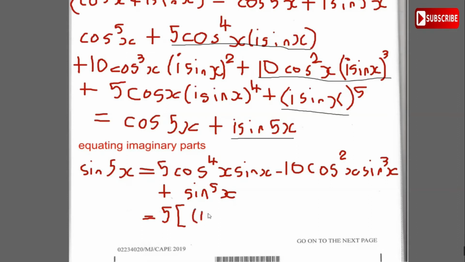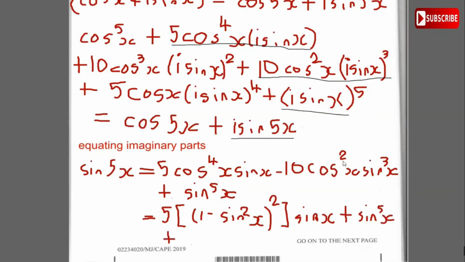So we can rewrite cos to the 4 as 1 minus sin squared x, and this is being squared, and then that is multiplied by sin x. Then we'll have plus, when you change up the order, plus the sin to the 5th. Remember, addition is commutative and associative, so it doesn't matter which one I add first.